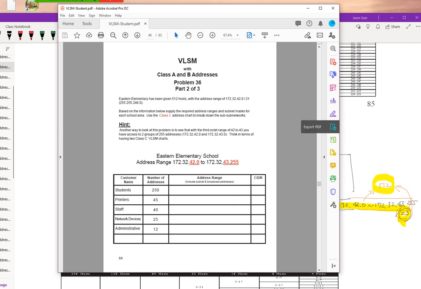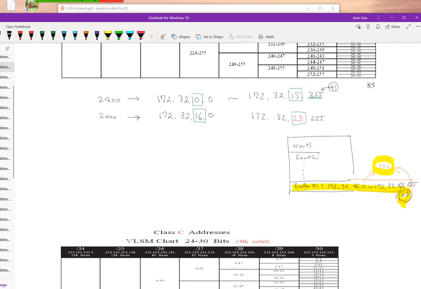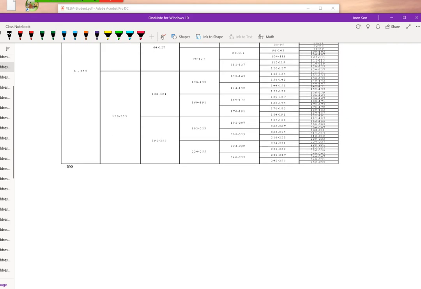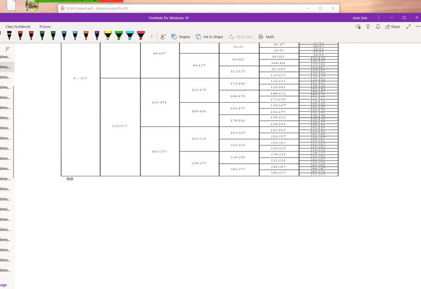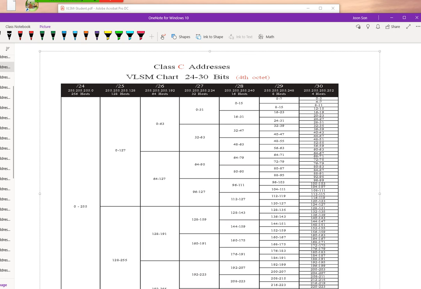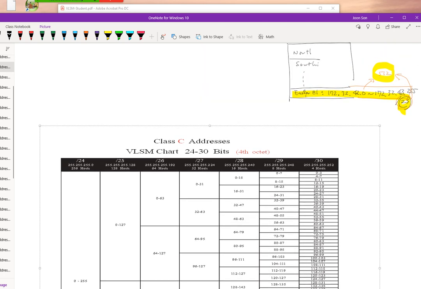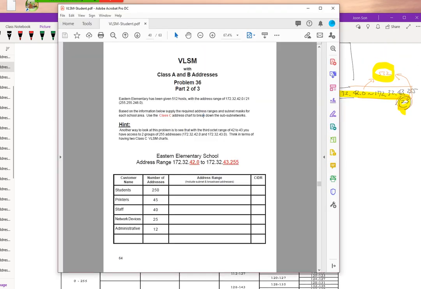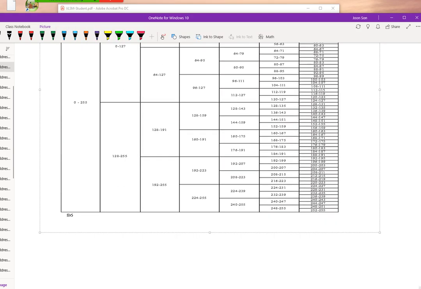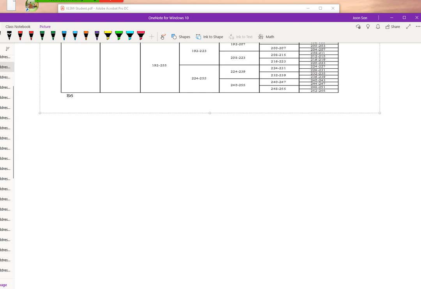And the first requirement is 250. I know that the address space is given.